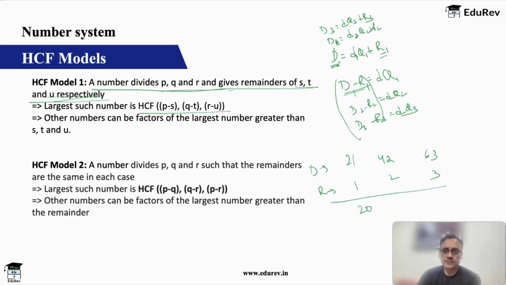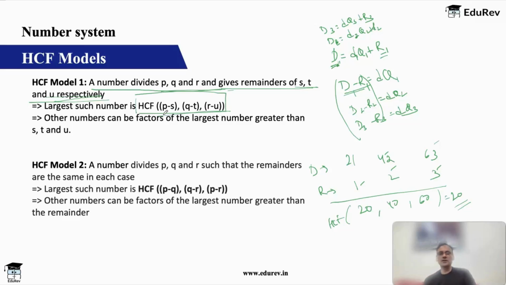You get 20, 40, 60 and you take their HCF, which is 20 in this case. Now you can see if 21 is divided by 20, you get a remainder of 1. If 42 is divided by 20, you get a remainder of 2. If 63 is divided by 20, you get a remainder of 3. So no pattern required. You know all three dividends and all three remainders. Straight away, you do dividend minus remainder, take their HCF and you get the answer.